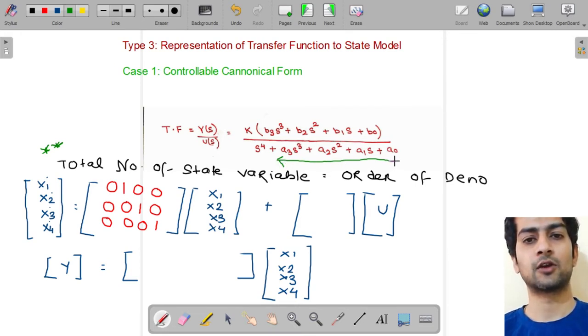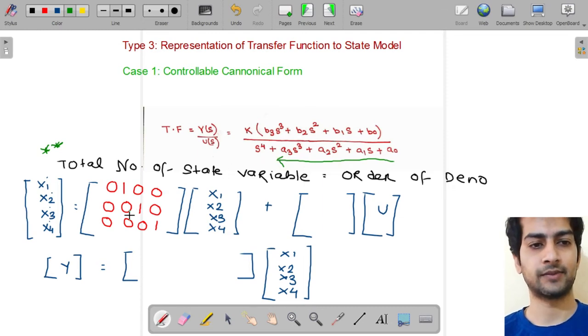That is what we will get here: minus a0, minus a1, minus a2, minus a3.